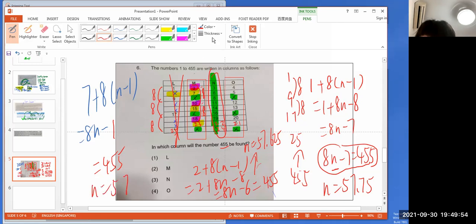So it's your M. So that's how you decide which column. Okay, we have finished this, and then of course let's move on.